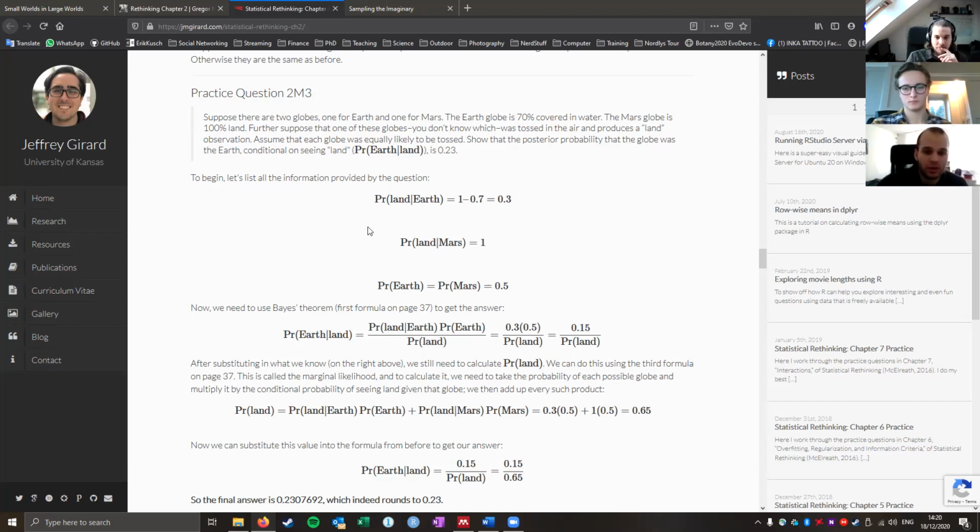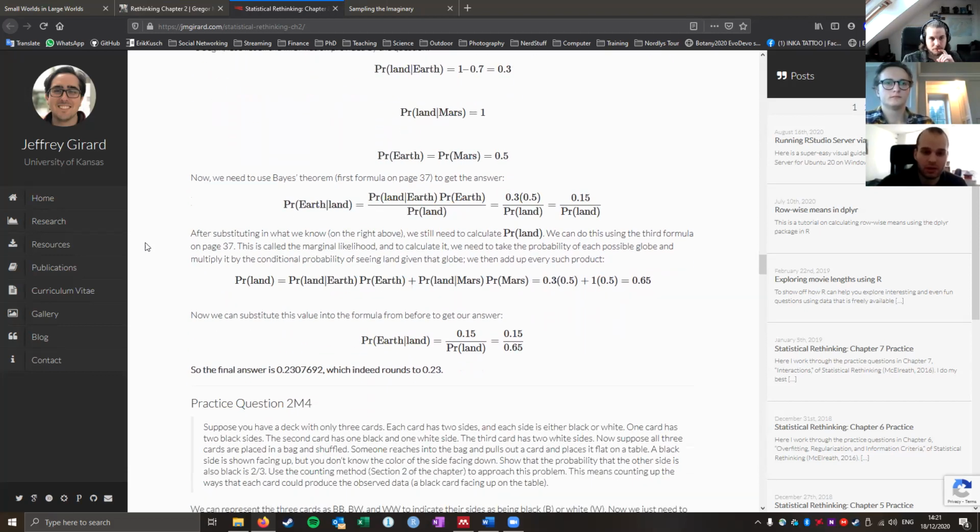And then we can use the Bayes theorem, which you have drawn perfectly beforehand: the probability of Earth given land is the probability of land given Earth times the probability of Earth divided by the probability of land, and we just put in the values here, which is 0.3 times 0.5 divided by the probability of land. We need to calculate the probability of land to solve this equation.